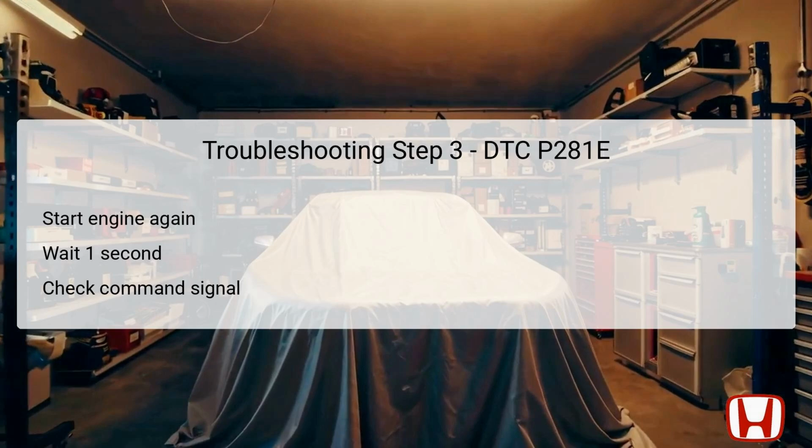During this time, the operation of the Shift Solenoid Valve OP can be monitored to see if the initial error code P281E is still active. It's essential to check the command signal being relayed to the solenoid valve to ensure that the TCM successfully transmits the signal as intended. Any discrepancies in this signal could indicate issues either with the TCM itself or within the shift solenoid line, allowing for focused diagnostics and repairs.